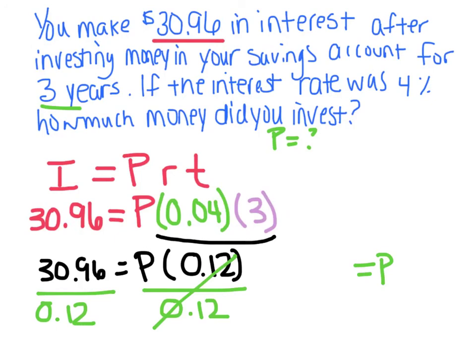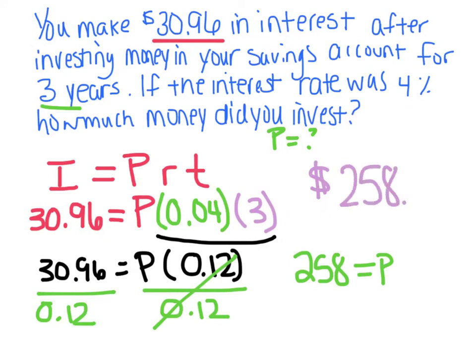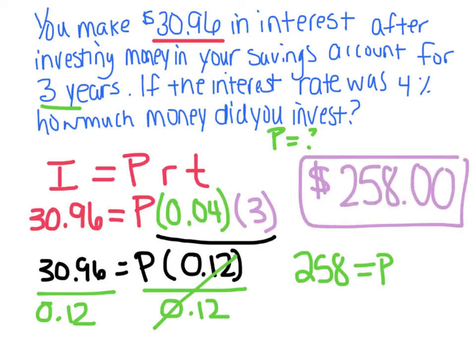And we do 30.96 divided by 0.12, and I get 258. So that tells me that I invested $258 into my savings account, and after 3 years at 4%, I made $30.96 in interest. Don't forget to put your label on your final answer.